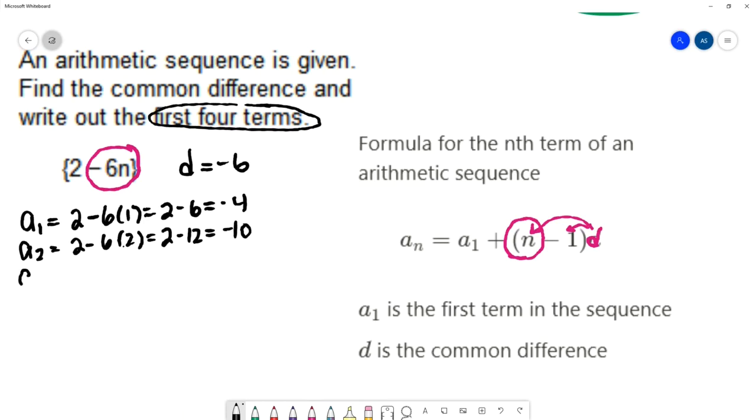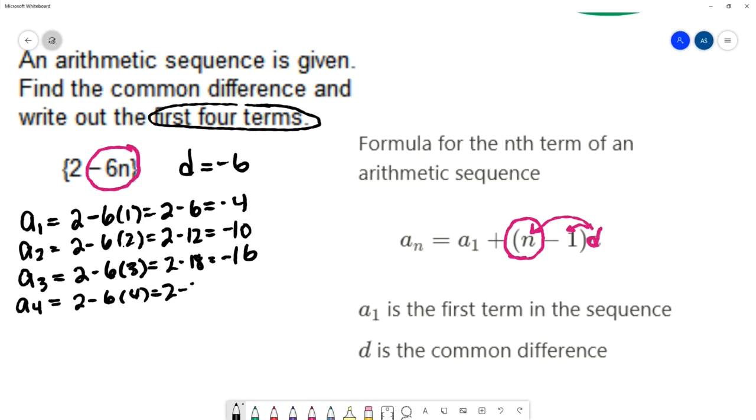Then the third term, 2 minus 6 times 3, is 2 minus 18, which is negative 16. And the fourth term is 2 minus 6 times 4. That's 2 minus 24, which is negative 22. So we've written out the first 4 terms of the sequence.